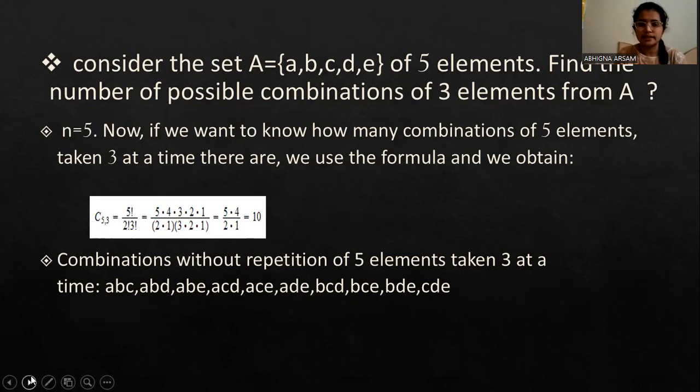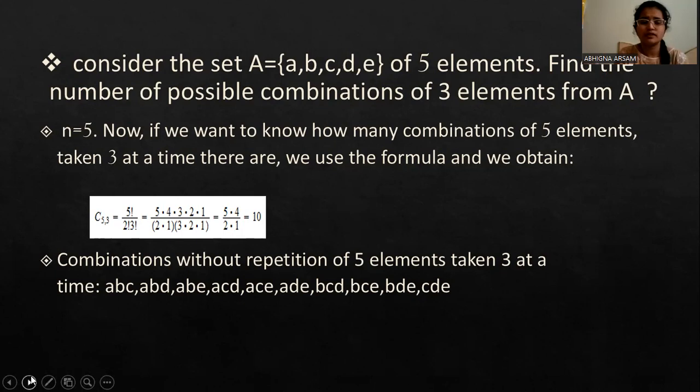Consider a set A consisting of 5 elements: A, B, C, D, E. What is the number of possible combinations of 3 elements from this set? Here the total number of items is 5, that is n is 5, and we have to take 3 at a time.